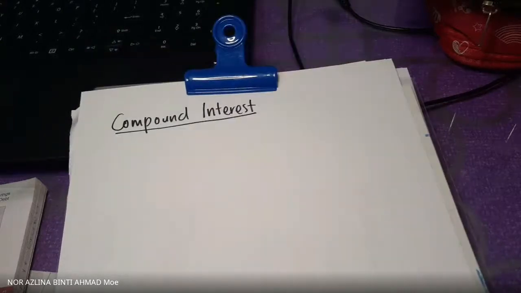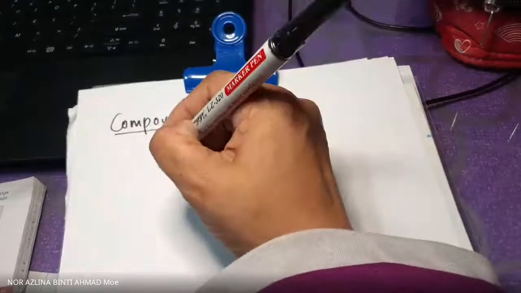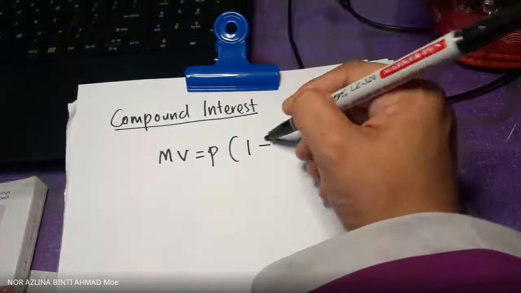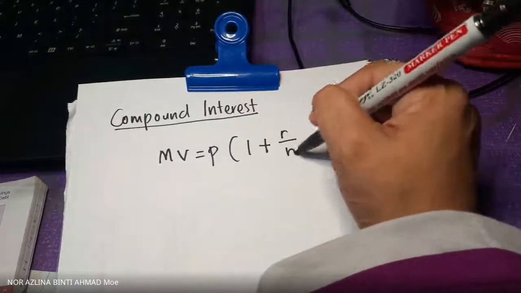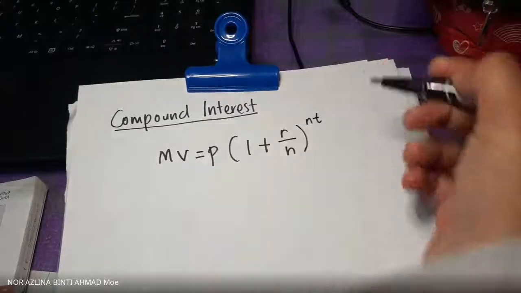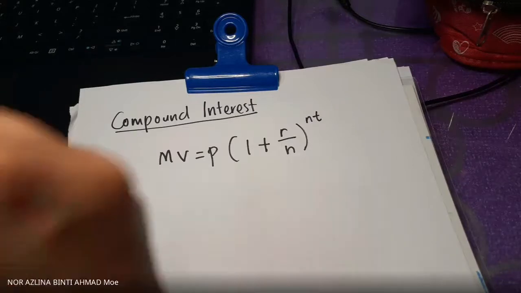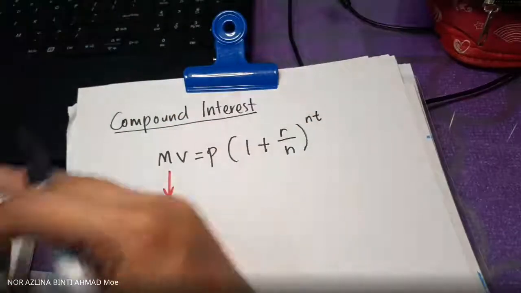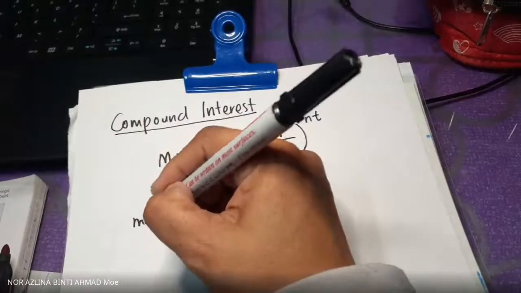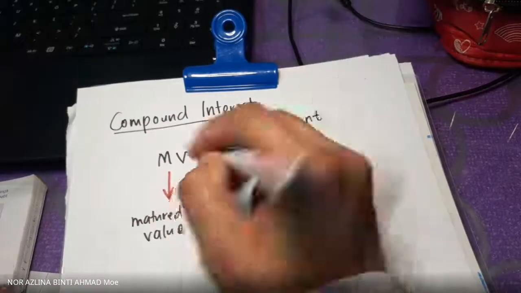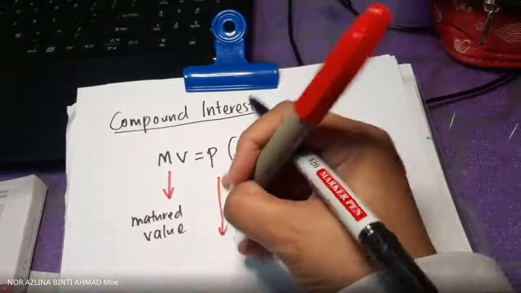For compound interest, we use the formula MV equal to P(1 plus R over N) to the power of NT. So MV is matured value. P is principal.